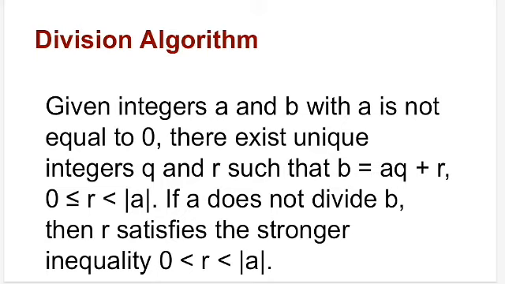What the division algorithm says: if a and b are given integers with a not equal to 0, then there exist unique integers q and r such that b is equal to aq plus r, where 0 is less than or equal to r less than the absolute value of a. If A does not divide B, then r satisfies the stronger inequality, that is 0 less than r less than the absolute value of a. We will see this with an example so we can understand it.